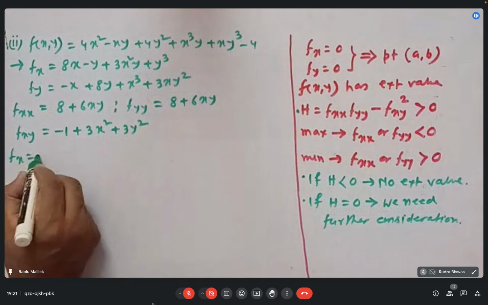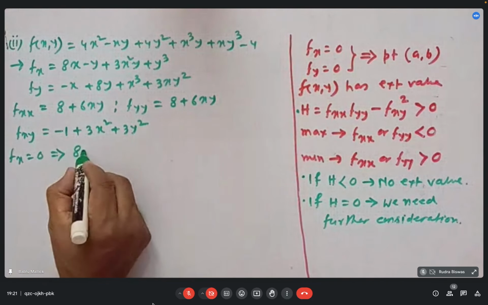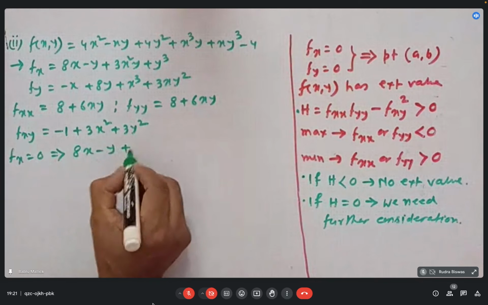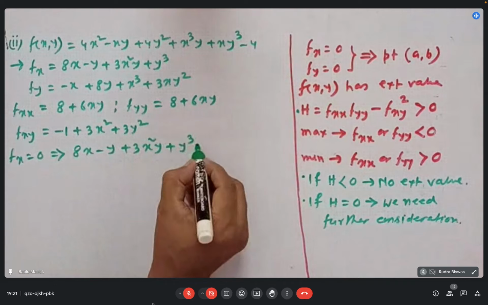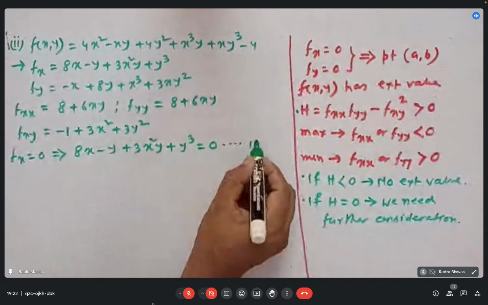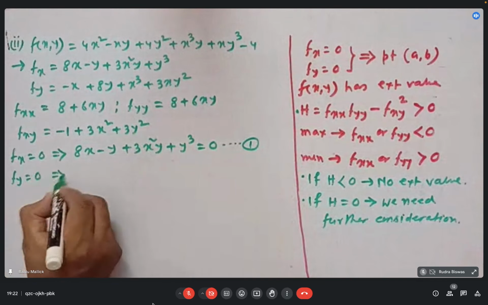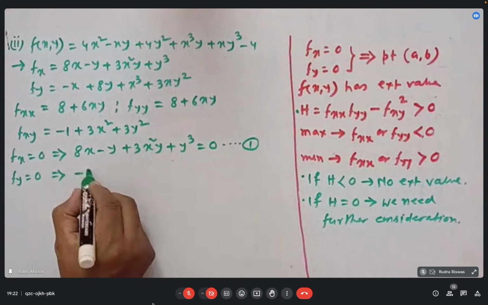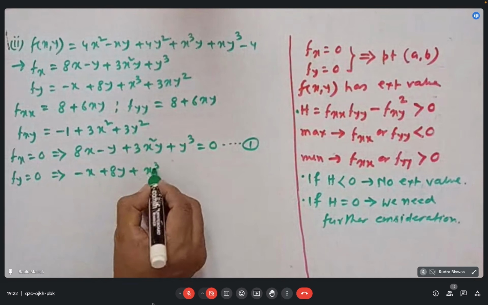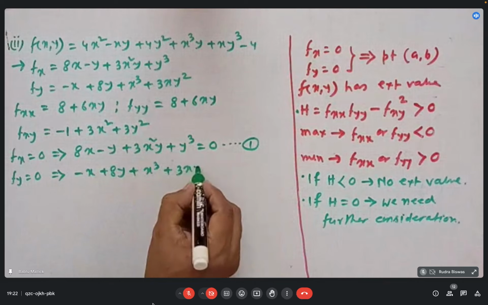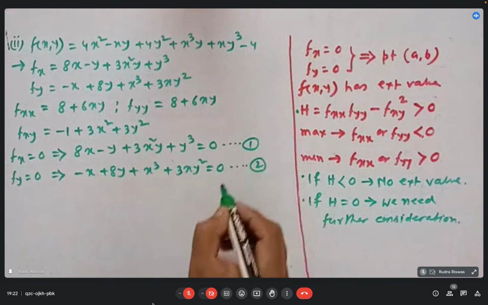Now fx is equal to 0, this implies we get 8x minus y plus 3x square y plus y cube is equal to 0, this is number 1, and fy is equal to 0 gives minus x plus 8y plus x cube plus 3x into y square is equal to 0, this is number 2.